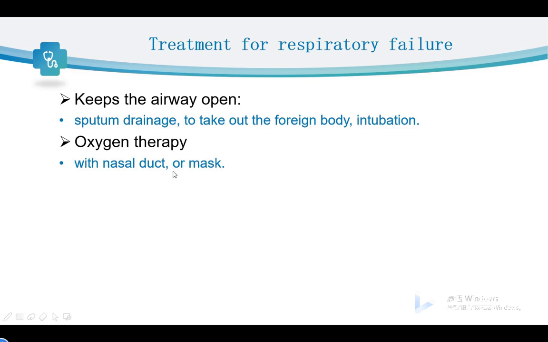Here please notice that for the type 2 respiratory failure, we cannot provide oxygen therapy with mask. In this condition, the carbon dioxide can be inhaled into the lungs, and the level of the carbon dioxide in the blood will increase.